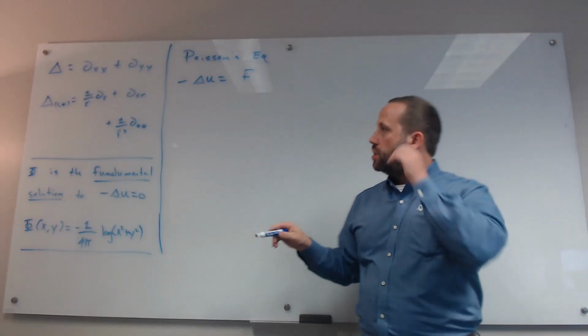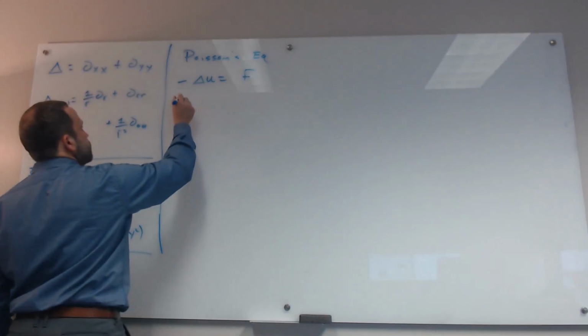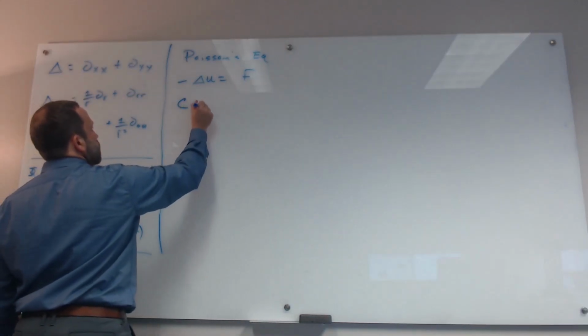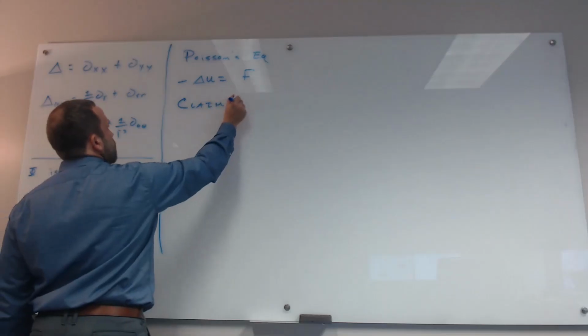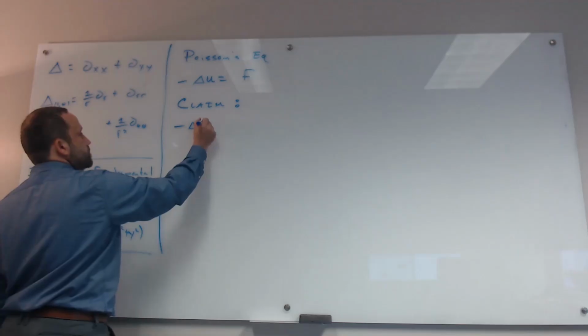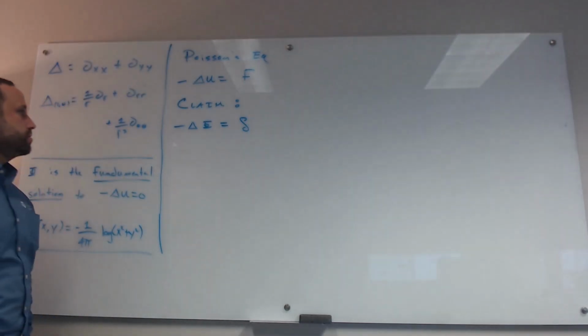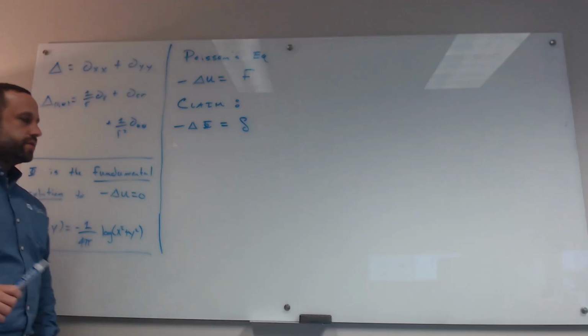Okay, so my claim is the following. My claim is that the Laplacian of phi is equal to the Dirac delta mass in the following sense.